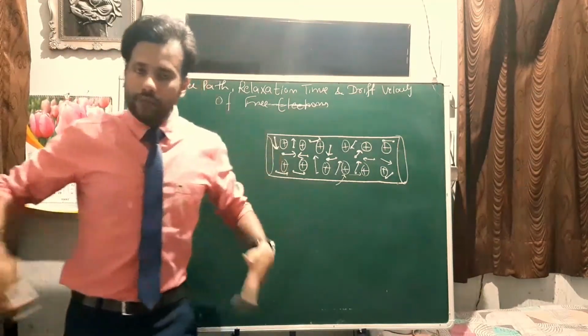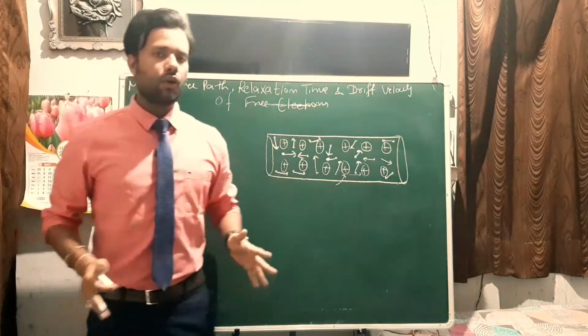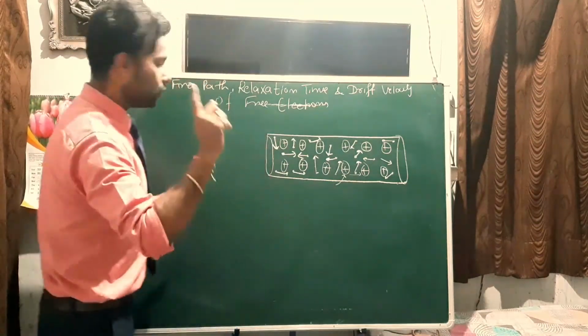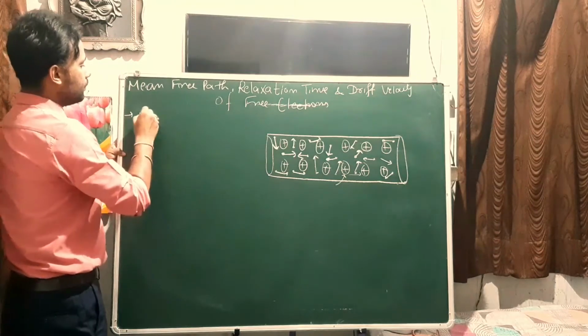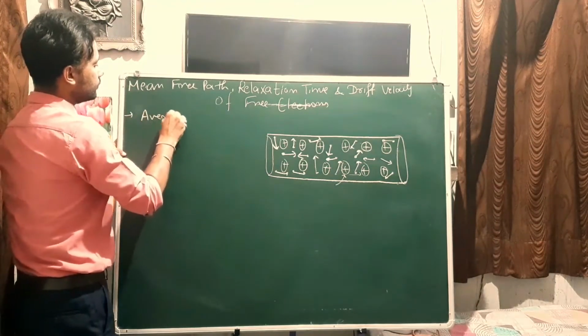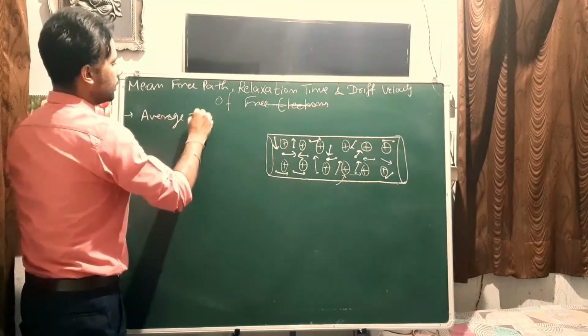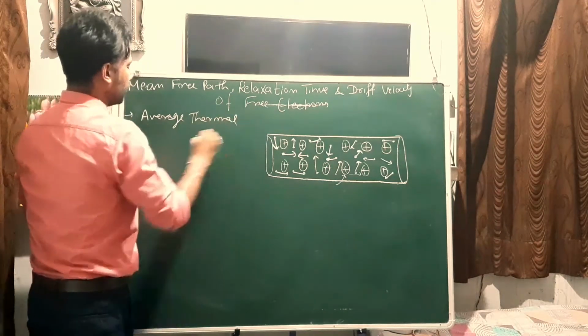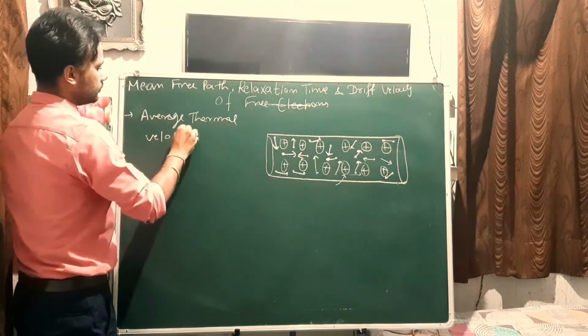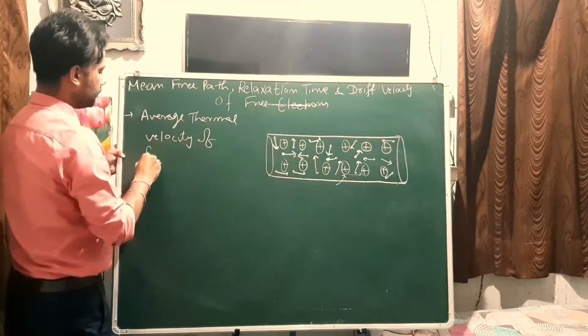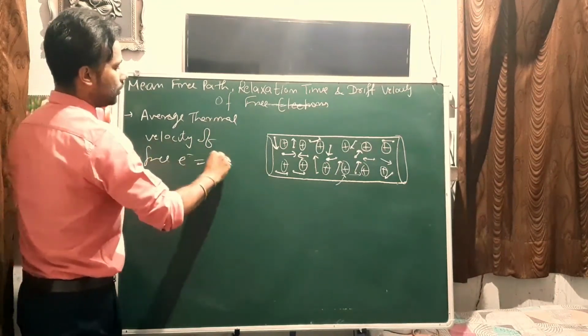So the average velocity of the free electron is always 0. So always remember this part: first, the average thermal velocity of a free electron is always 0.